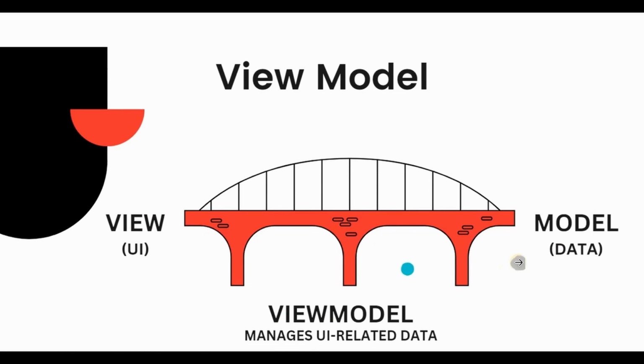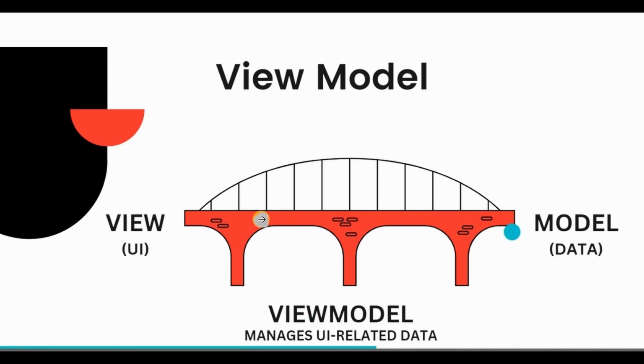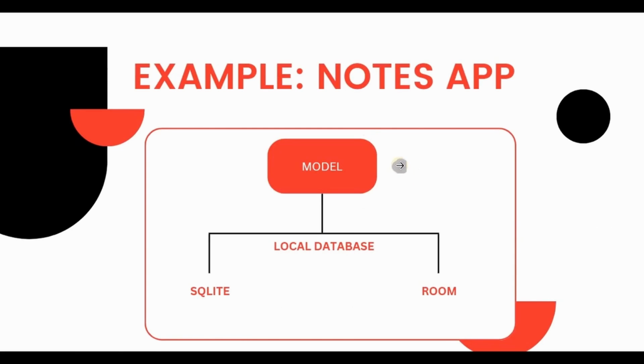See, model is responsible only for data and view is responsible only for UI. But ViewModel is responsible for the communication that takes place between them. Communication as in actions that need to be performed. I'll give you an example. Consider a notes app where the notes database is SQLite or maybe Room database as data, that is basically a model.